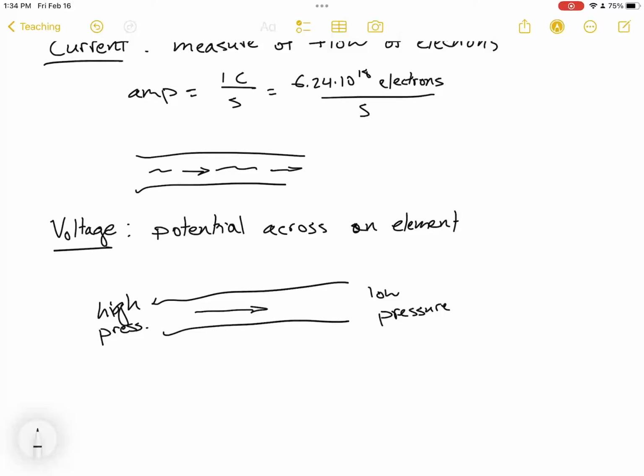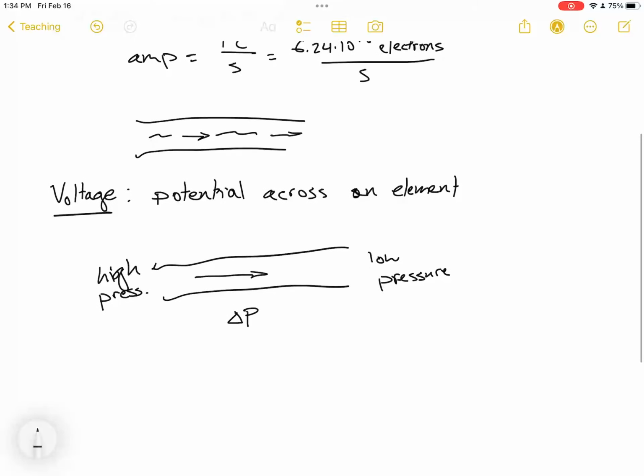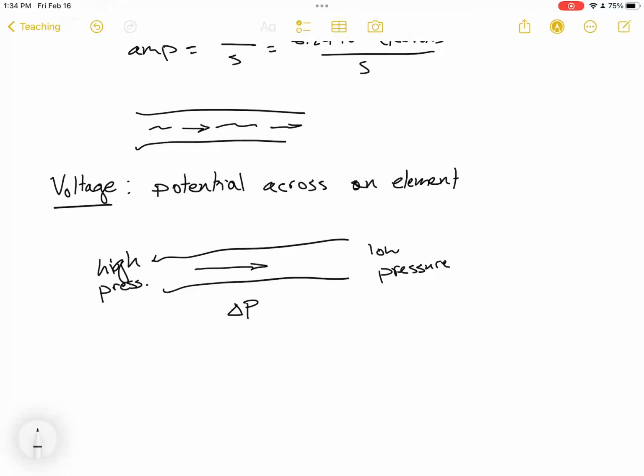The pressure differential delta P is going to factor into how much flow is going through, and that's analogous to power.